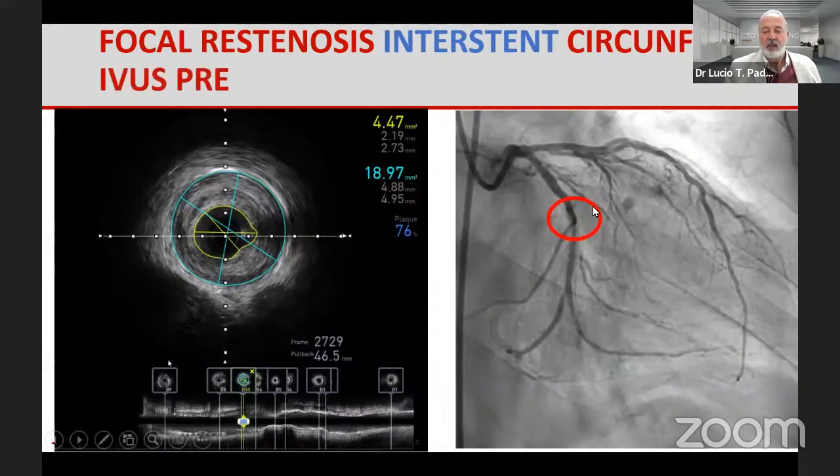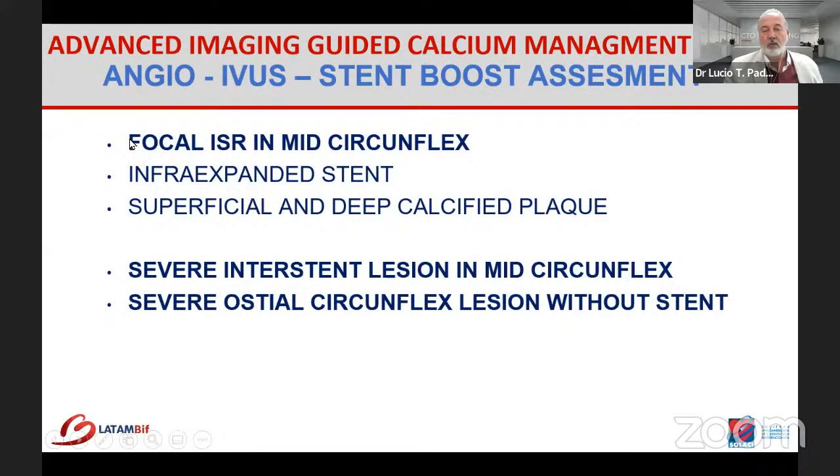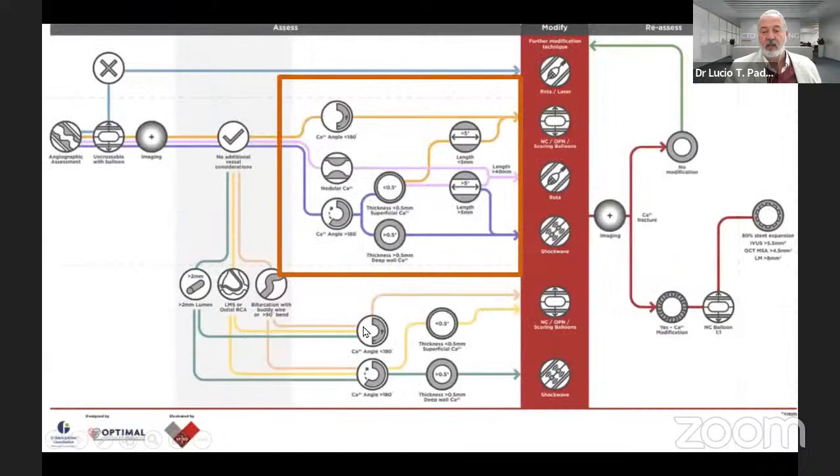So these are the previous images that show a restenosis, the in-segment restenosis, previous to these stents and between the two stents. So in conclusion, we have a focal stent restenosis in the mid-circumflex, an under-expanded stent, superficial and deep calcified plaque, a severe interstent lesion in the mid-circumflex, and a severe ostial circumflex lesion without stent.